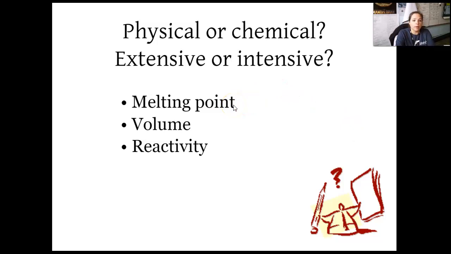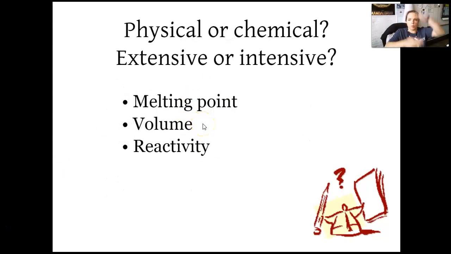All right? Okay, so what's physical, chemical, extensive, intensive? So melting point, that's physical. And it is not dependent on anything else, so it is intensive. It doesn't matter how big or small it is, it's still going to melt at the same point. Volume. Volume is physical. You can measure that. It's not a change, it's not a reaction. Volume is dependent on the size, because think of liquids. You can have different volumes.